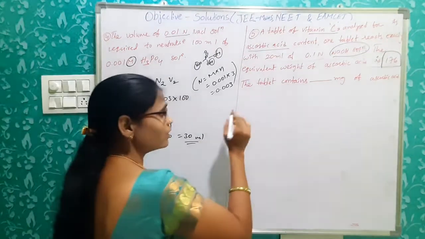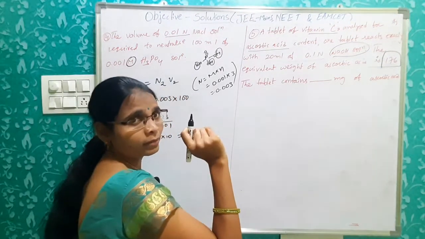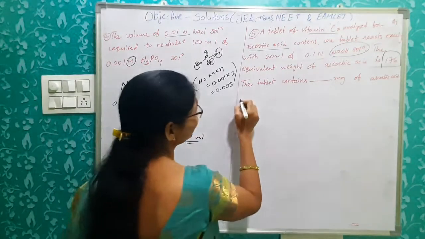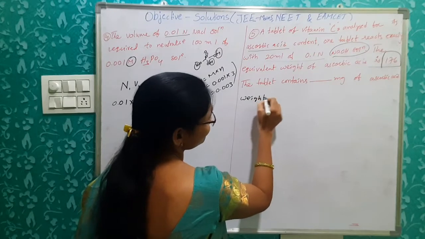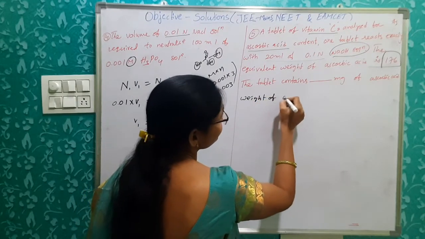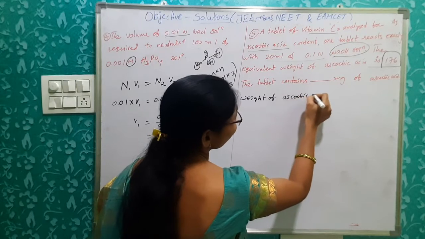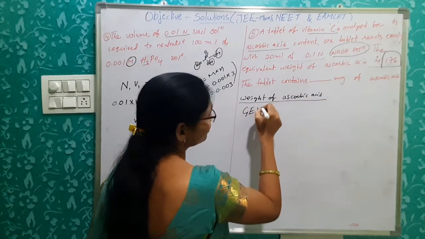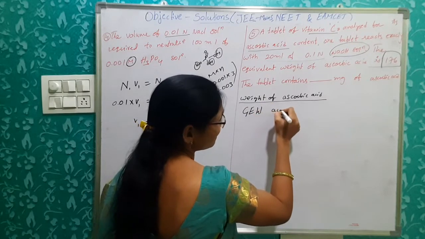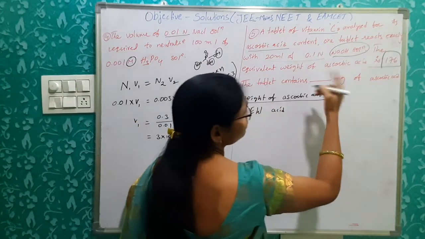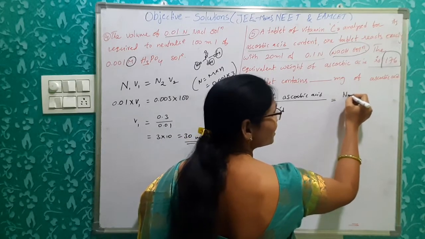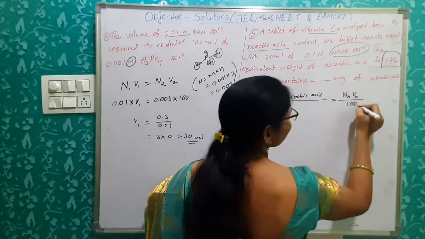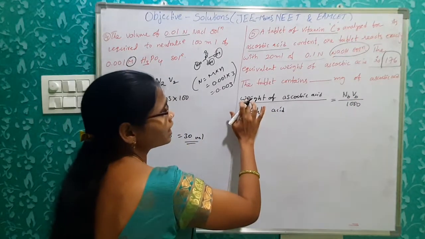Okay, so we have to calculate the weight of the tablet, that is ascorbic acid. Simply, weight of acid, means ascorbic acid, by gram equivalent weight of ascorbic acid, is equal to normality of base NaOH into volume of base NaOH by 1000.